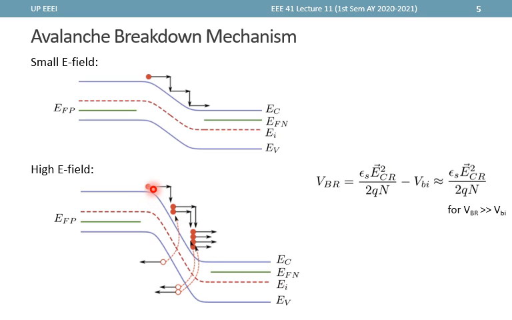Now, since this original electron gave up its kinetic energy to this other electron, it goes down to this level. And that process is what we call impact ionization.